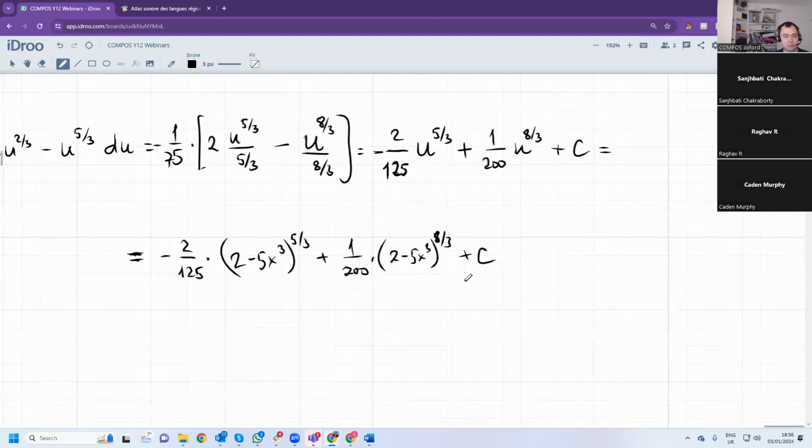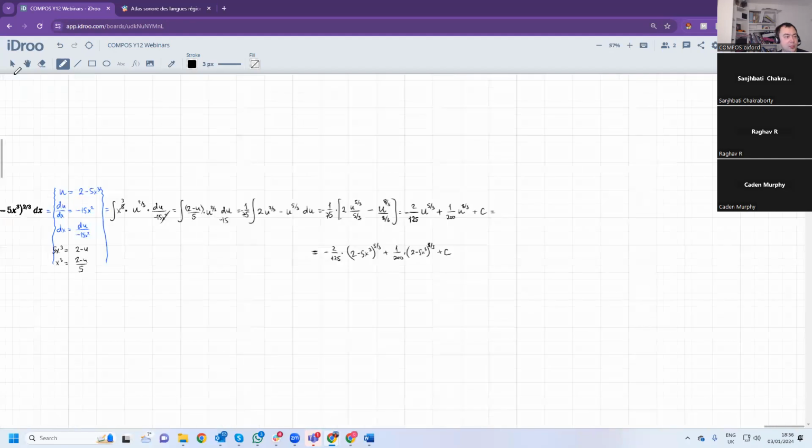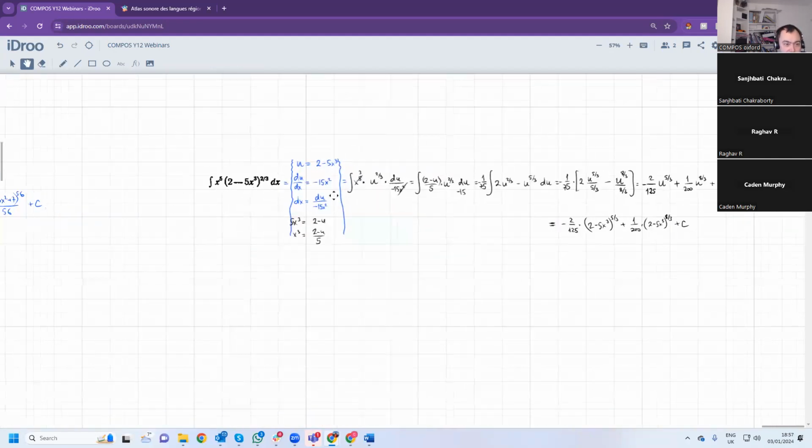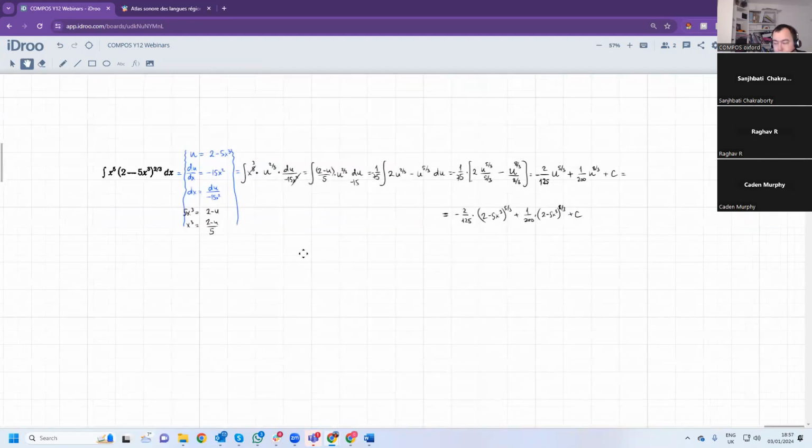Okay, I think that's it. So we've managed to do this integral by substitution.